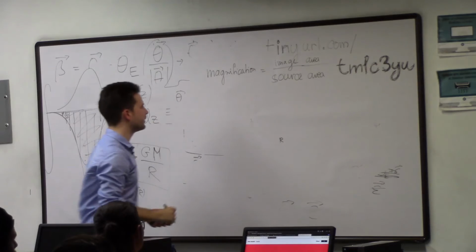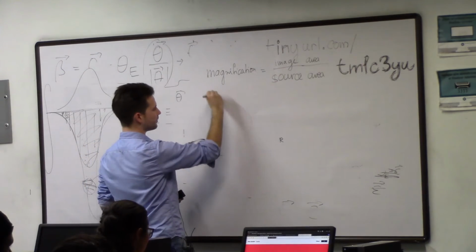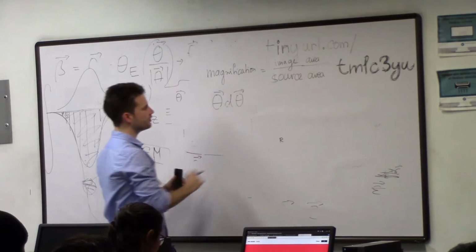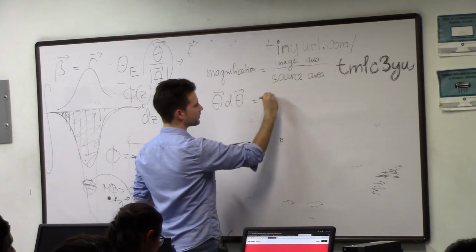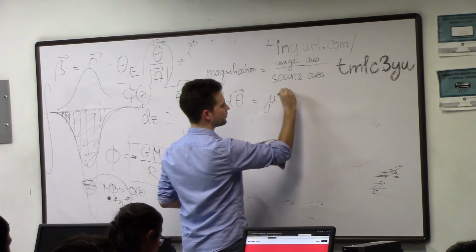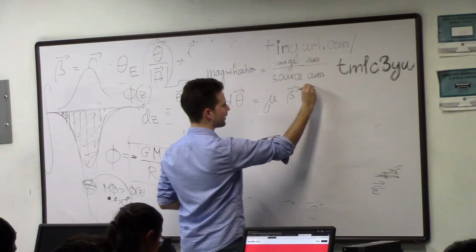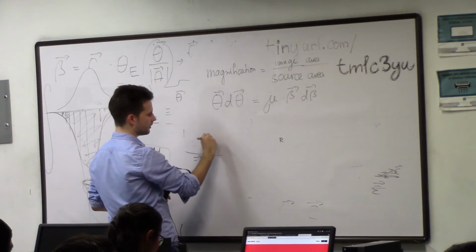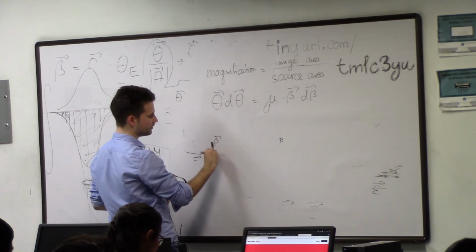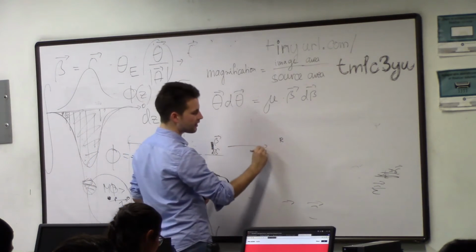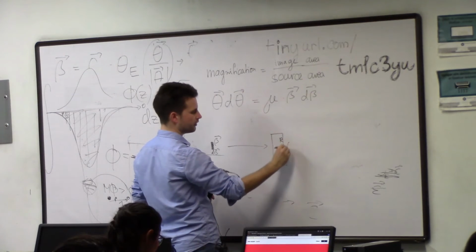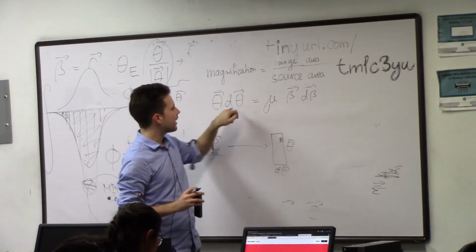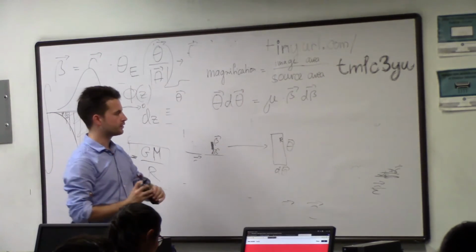And if you do this in a differential form, here you have your image area over infinitesimal change. It's basically your magnification times the corresponding source area. So if you have a small angle in the source plane, let's say beta, and there is d beta, if you lens it forward, you will have something much larger, theta, d theta, and the areas of these two are related by the factor mu.